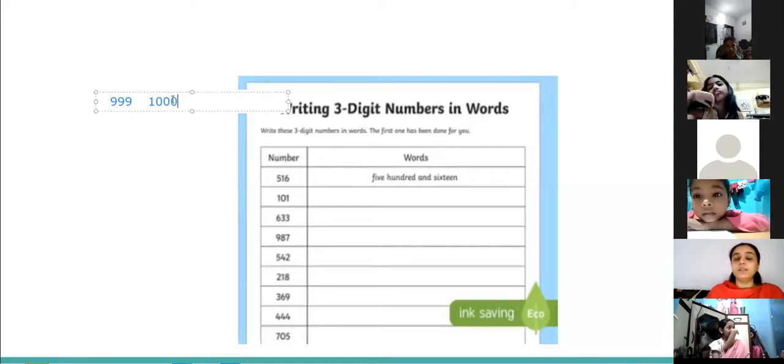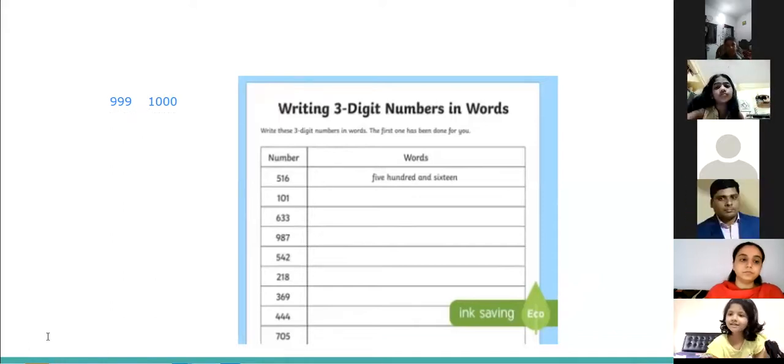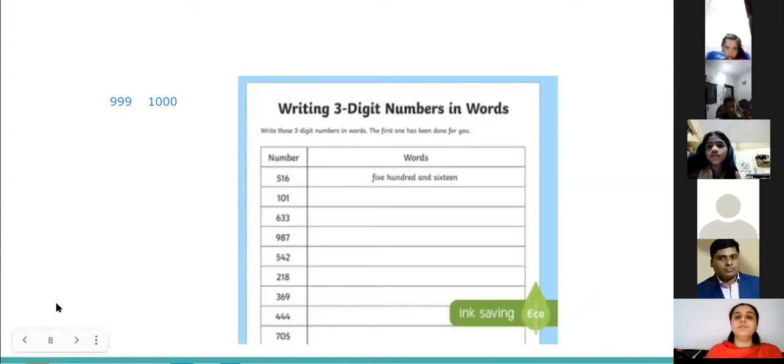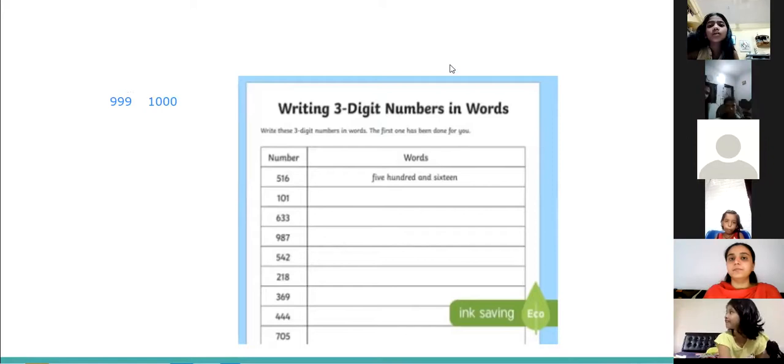And these 4 places are, would anyone like to tell me what these 4 places are? Can I tell? Yes, you can. Didi, 1000. So what are the 4 different places in this? Joy, you want to say?